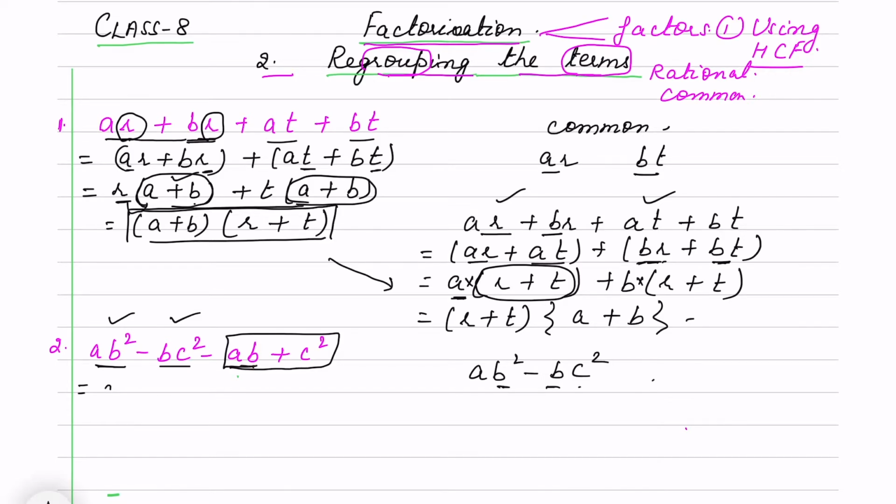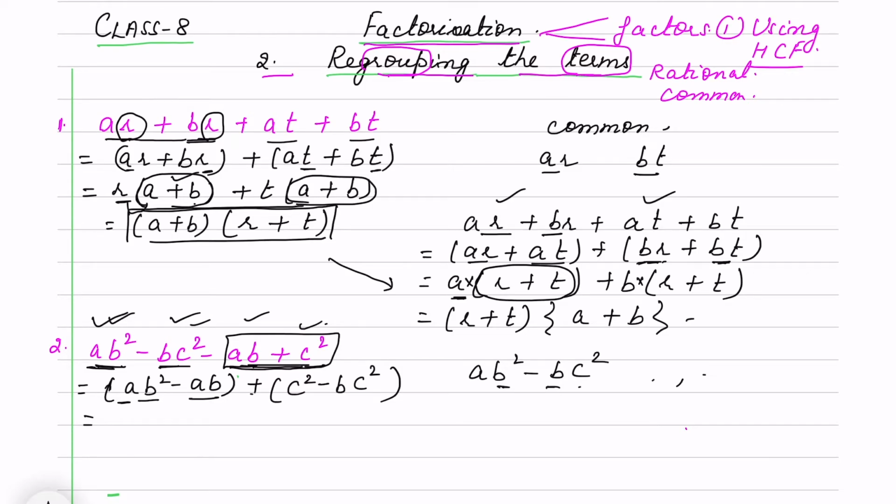So what is the use if nothing will be common? I can take the others also, but here nothing is common. I can take AB square and C square in one group, but here also nothing is common. So you have to think which term you are taking common. So I have taken AB square and AB. You give a plus sign so that it will be easy, and C square minus BC square is there in the other group.